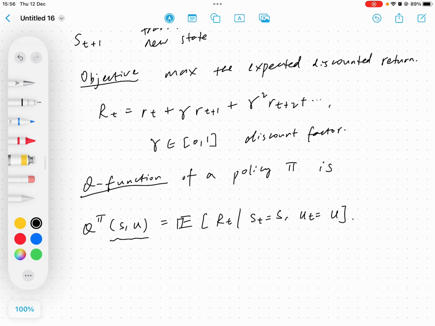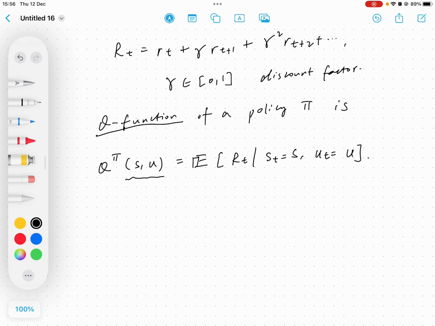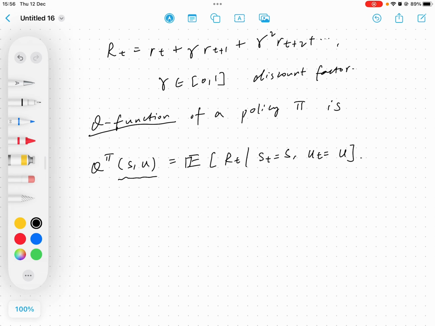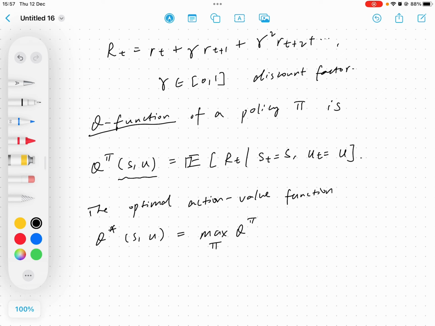So that's pretty straightforward. We want the optimal version of this Q function, so the optimal action value function Q star, given s and u. This will be just the max over choosing some policy pi, in a way that this Q^pi is maximized.